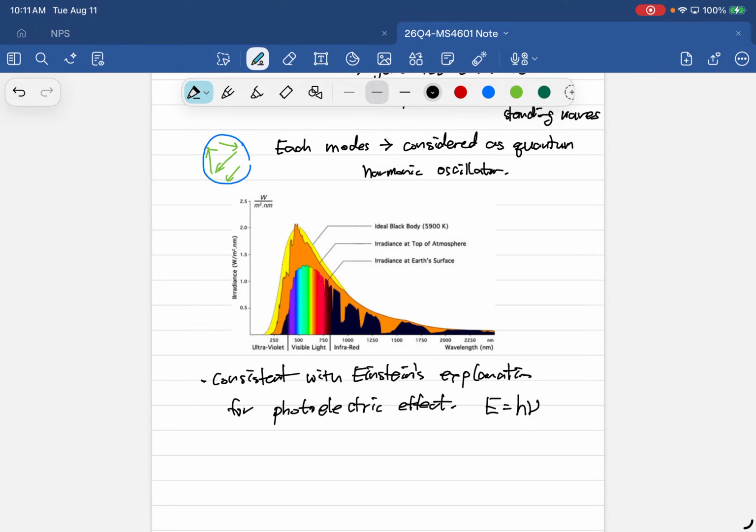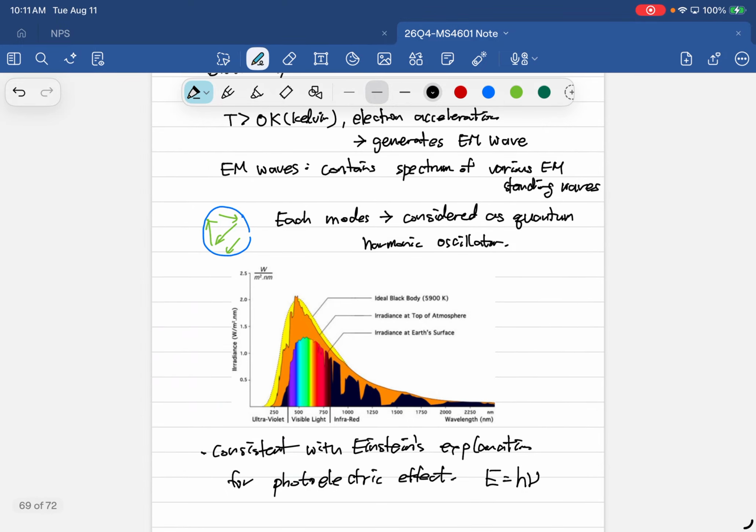So in that sense, if you go back here, this is related to that, right? Here, n goes from 0, 1, 2, and so on. It keeps going on; n can be a large number. But one thing you can notice is that this is quantized, right? Only multiples of h nu are possible.